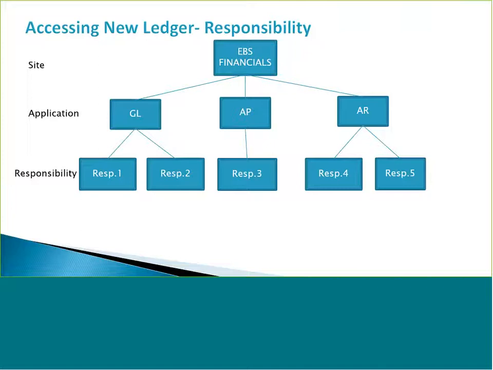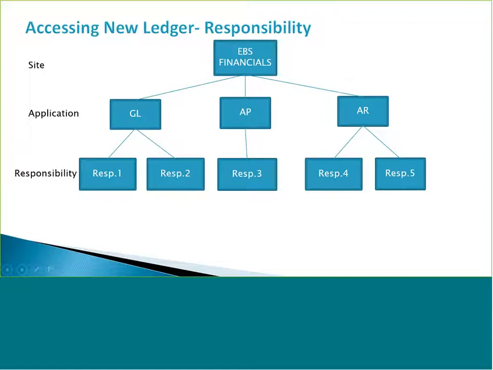A company has purchased a license for Oracle Financials and they have installed it. So this is what we call the site level. And then Oracle Financials contains different modules. We have GL, which is what we are looking at right now. And then we have account payables, we have account receivables. The others might include fixed assets and cash management. I've only listed these three here because it's an example.